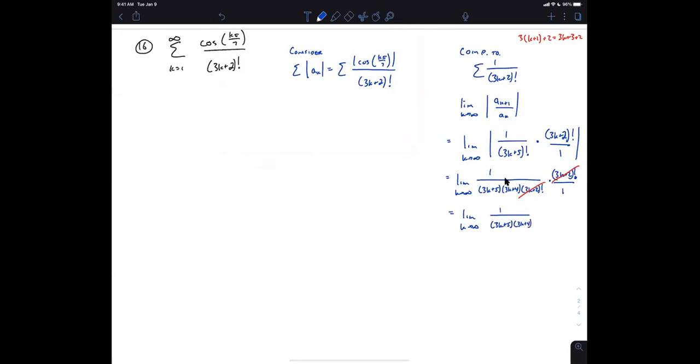Why don't you have a 3k plus 3 in the factorial section? Because I just randomly skipped it, sorry. There should for sure be a 3k plus 3, and then there should be a 3k plus 3 here too. And it's still 0. Thank you. That's completely my fault. So 3k plus 5, 3k plus 4, 3k plus 3, 3k plus 2 factorial. Does that make sense to everybody? My bad. All right, the limit is still 0. That's less than 1. So this one, 1 over 3k plus 2 factorial, converges by the ratio test.